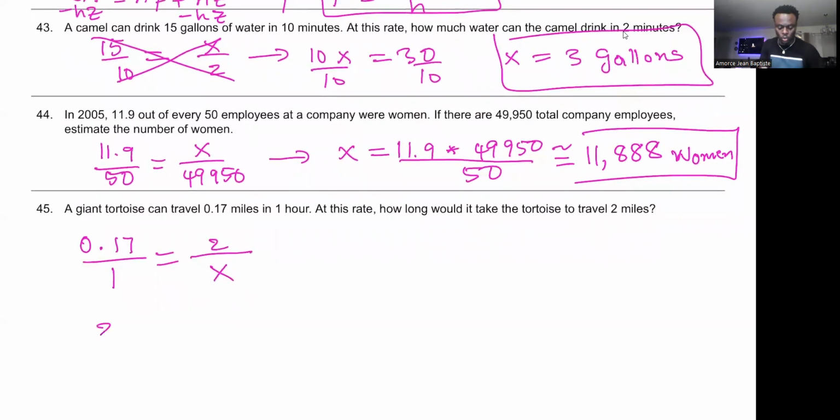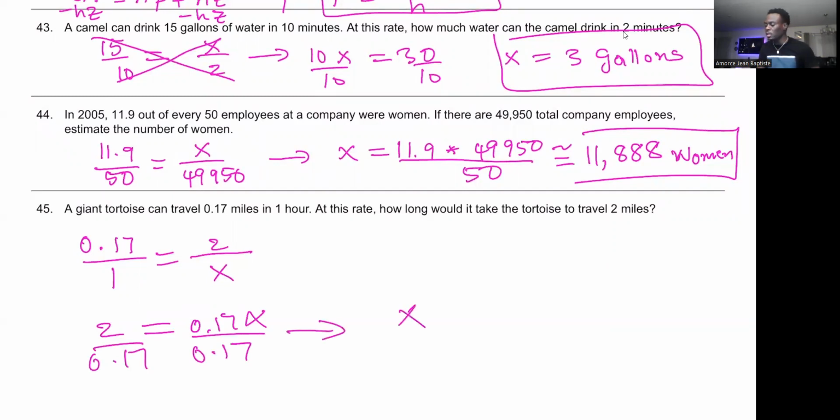2 times 1, 2 equals 0.17x. Divide by 0.17. So X equals 2 divided by 0.17.